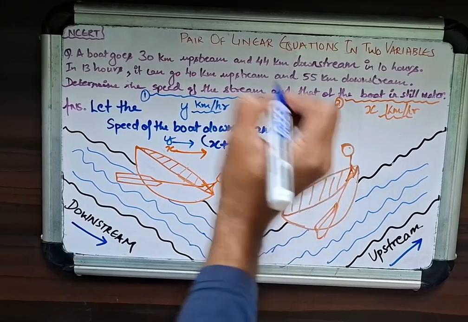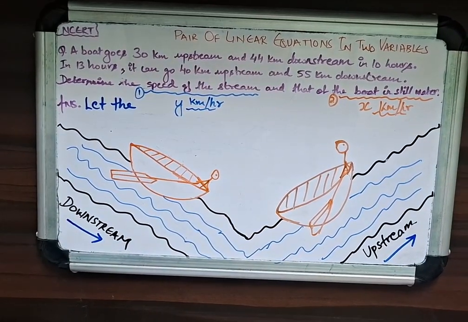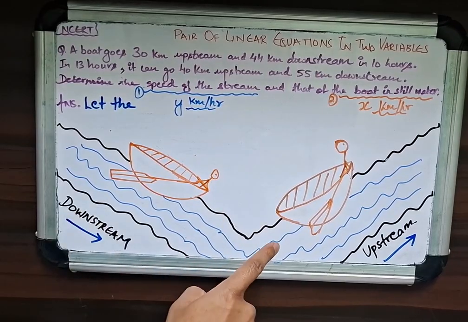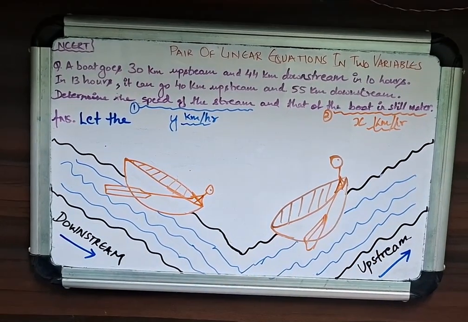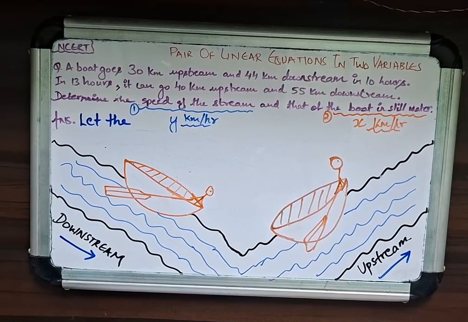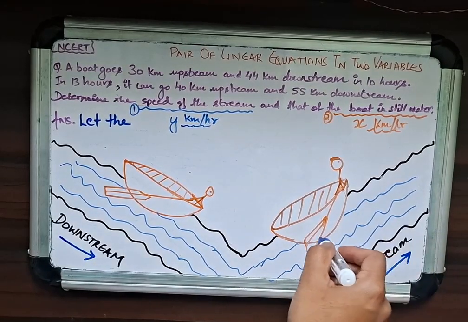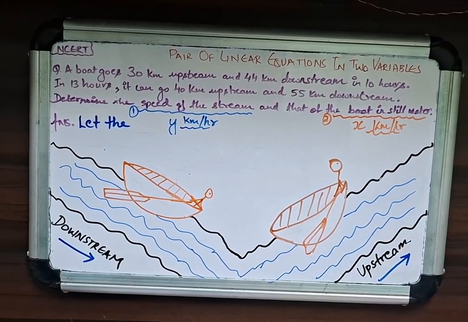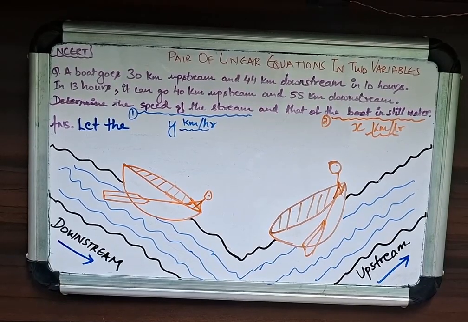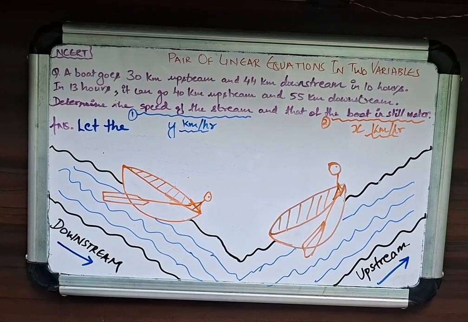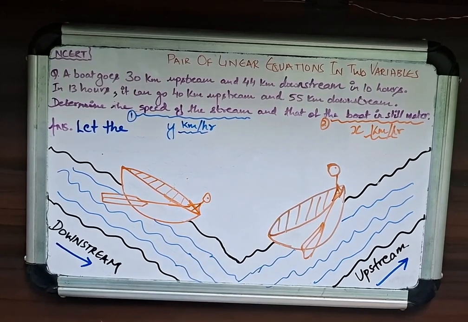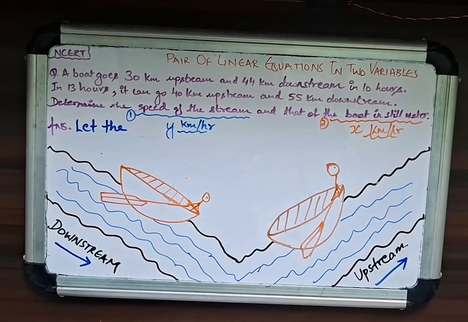kilometers per hour. Similarly, in the scenario where you're moving upstream, the stream is pushing the boat backwards. So the flow of the stream is against the movement of the boat.